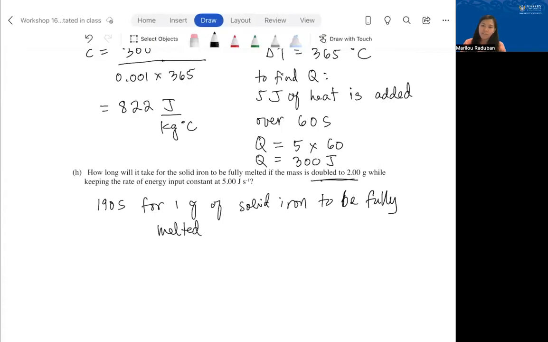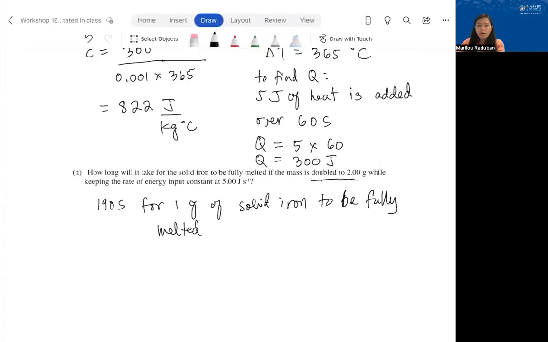So that tells you that if you double the amount, then you also double the time, keeping everything else the same: the same amount of energy imparted into the same material.